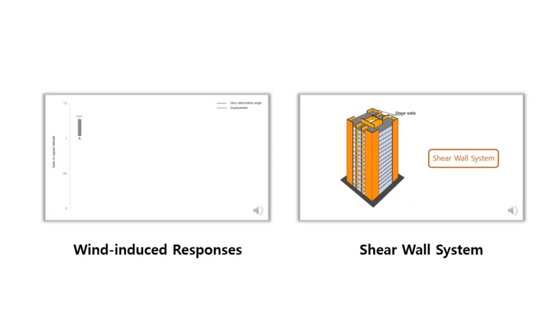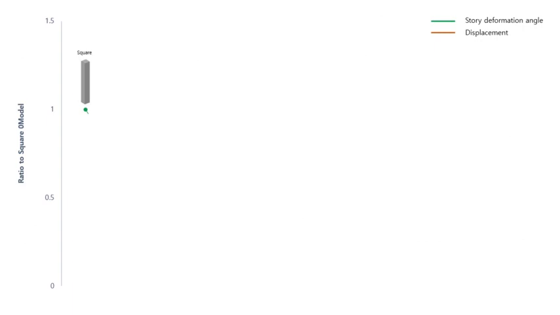Let me tell you about building design to reduce wind-induced responses first. Based on the square model, we made a table about the displacement and deformation proportions each building model has. The corner fillet building was less affected by wind loads than the square.